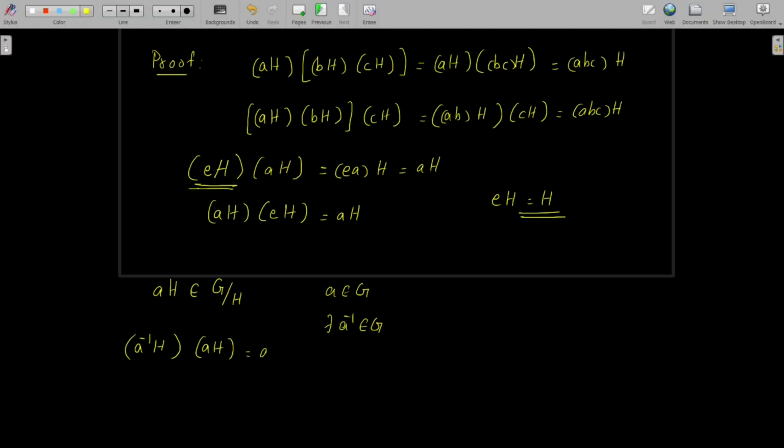This will be equal to A inverse AH, which is equal to EH, which is the identity element of the group. Similarly, if you do AH into A inverse H, then also we will get the identity element H. So clearly, the inverse of the coset AH is A inverse H.